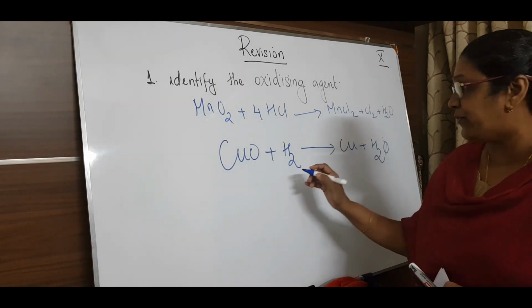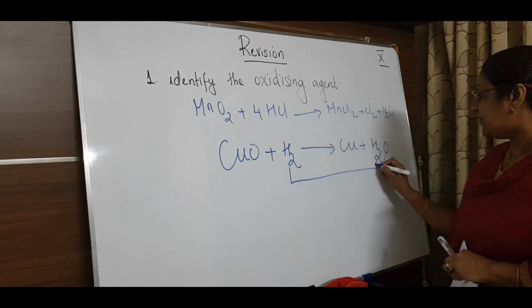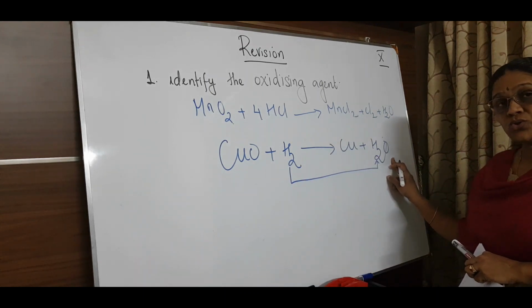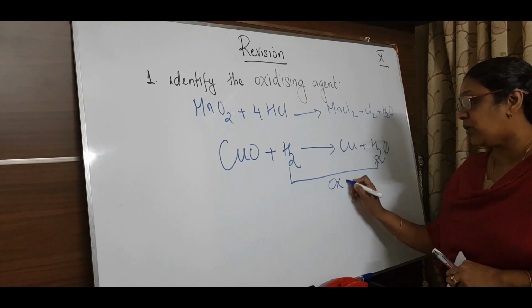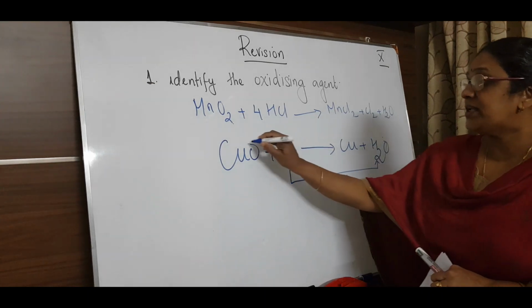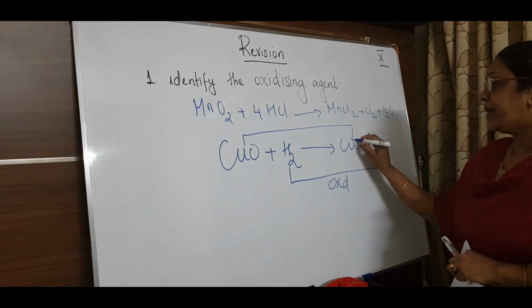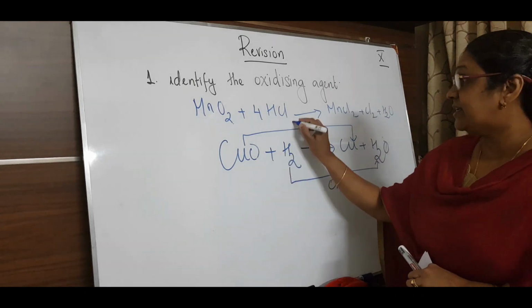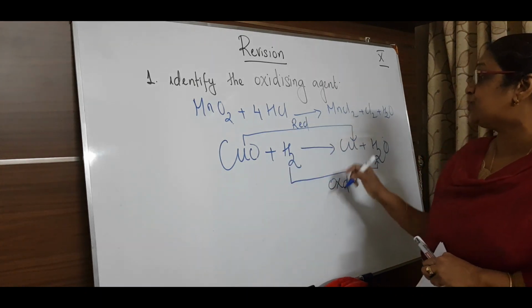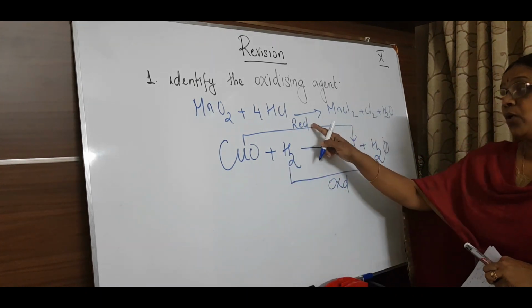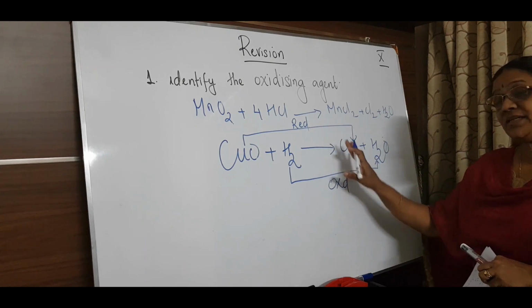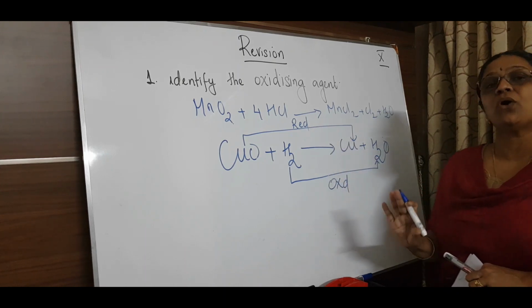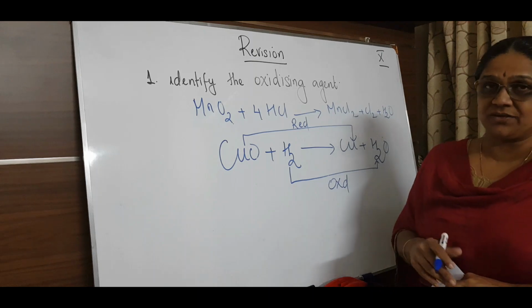Oxidation means addition of oxygen, so H2 is getting converted to H2O. So this is oxidation. Reduction is removal of oxygen, that is copper oxide is reduced to copper. So both reduction and oxidation happen in the same reaction, which you call a redox reaction.